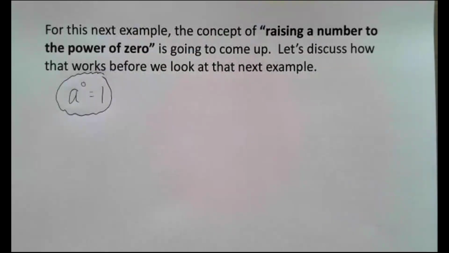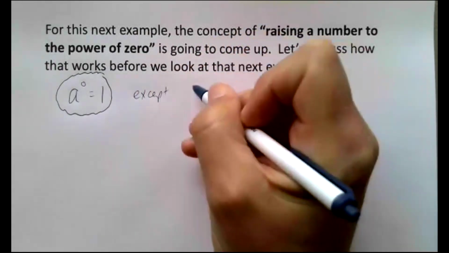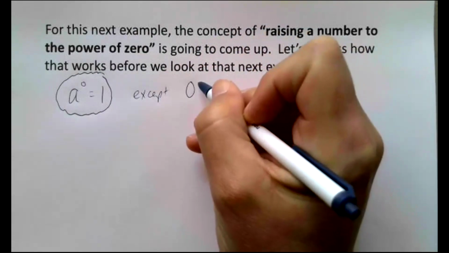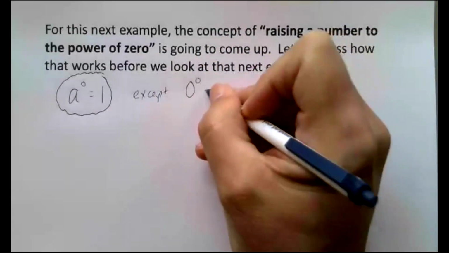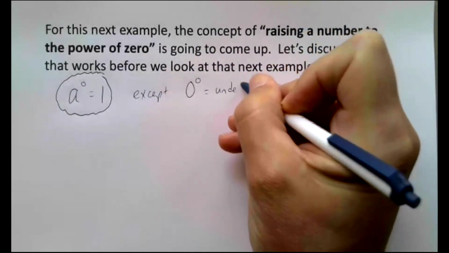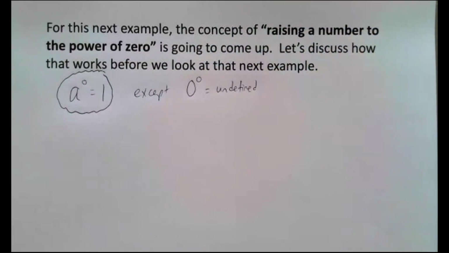Now, I said basically because we're not supposed to do 0 to the power of 0. It doesn't work. We're not allowed to do 0 to the power of 0. It's undefined, sort of like how we're not supposed to divide by 0.